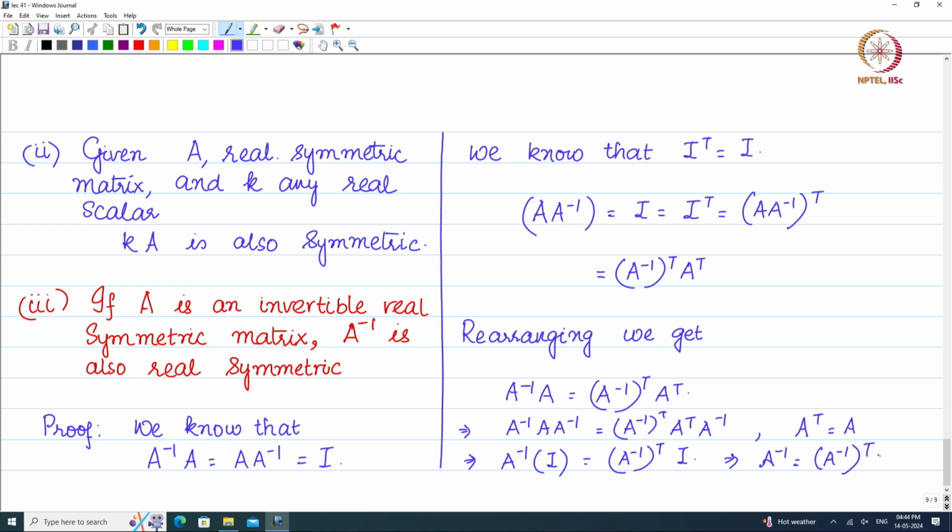That means the matrix A inverse is also symmetric. So, we are going to say that if A is an invertible symmetric matrix, A inverse is also a symmetric matrix.